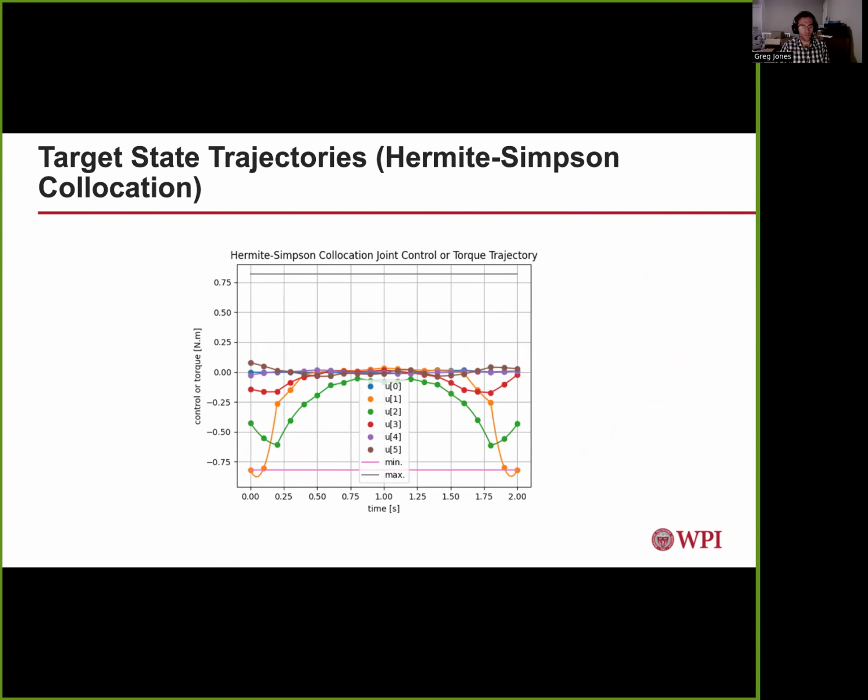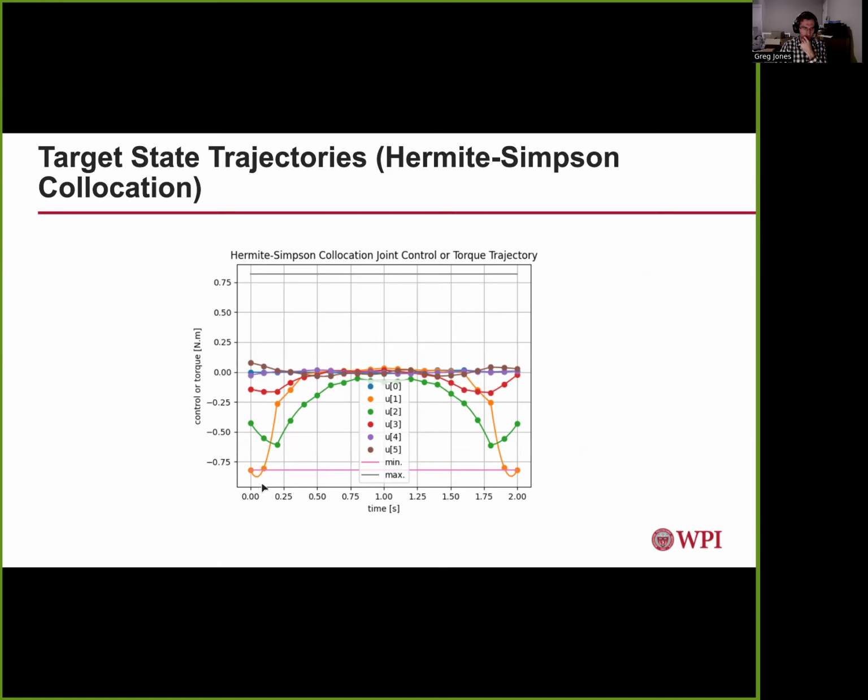Okay, then looking at the control, everything is kind of similar here. One thing worth mentioning is you notice for the solution for Hermite Simpson, the number of collocation points is about double, which makes sense because they're midpoint values.